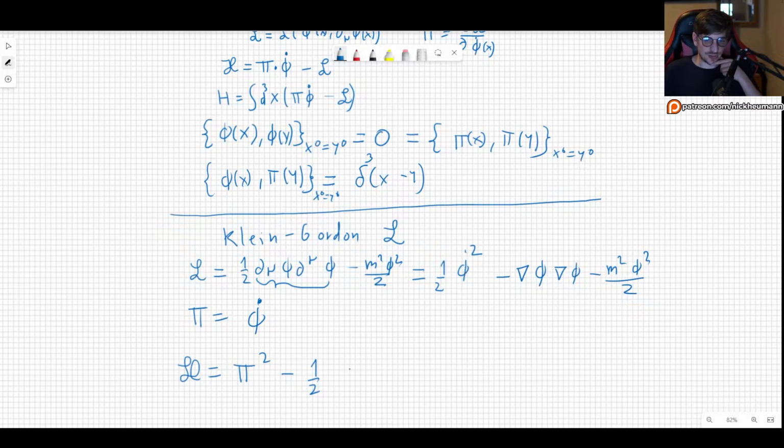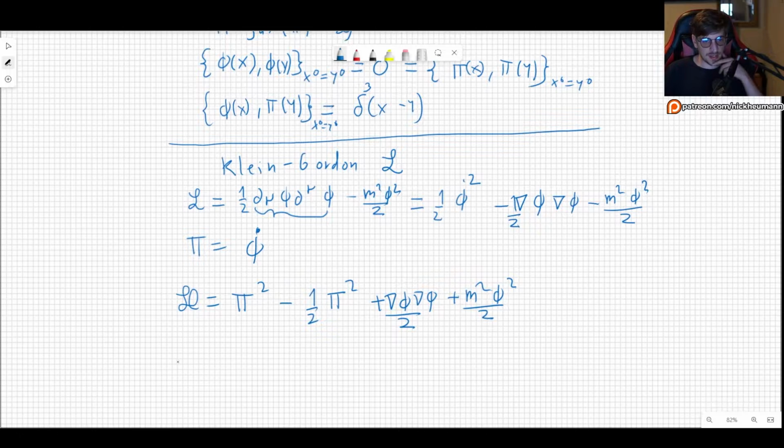Now instead of phi dot, let's also write pi, and then minus minus, so we get plus del phi squared, and this is 1/2. Actually, I completely forgot about the 1/2. Yes, it is 1/2. Sorry about that. And then we have plus m squared phi squared over 2. Okay, so that is the Hamiltonian density.